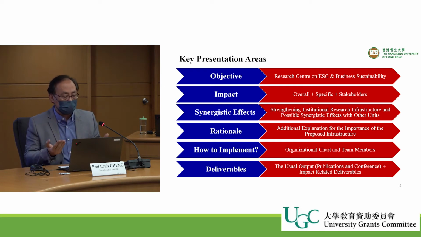Of course, a good rationale is needed for why this is important. For the implementation, I put down an organizational chart and team members. And the deliverables have to be explicitly mentioned: what kind, how many events, and what type of output we expect to deliver.